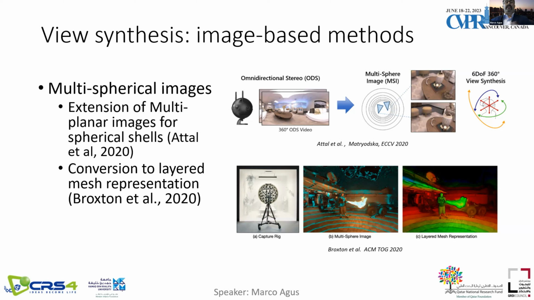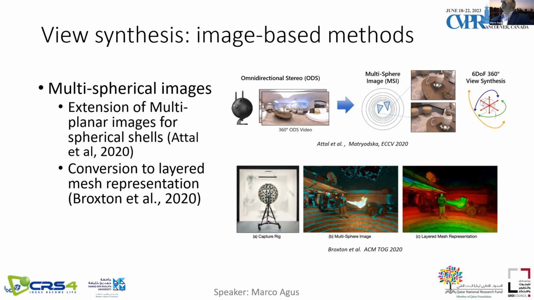And they start with omnidirectional stereo videos, like the Matryoshka system that was presented a few years ago in ECCV. Or in the same period at SIGGRAPH was presented a method from Broxton et al., the group of Debevec, that is still using multispherical images and converting them to a layered mesh representation.